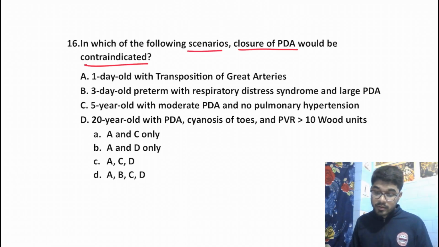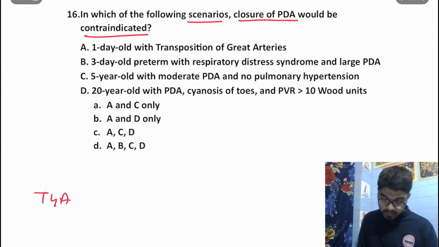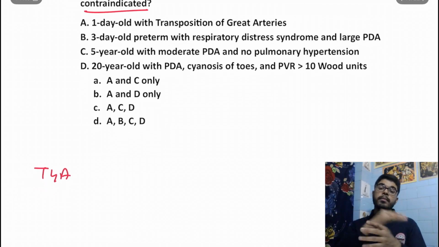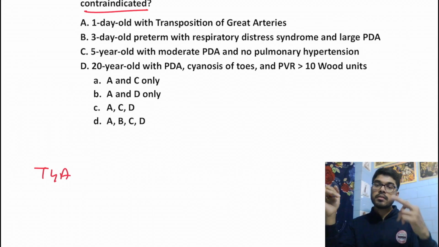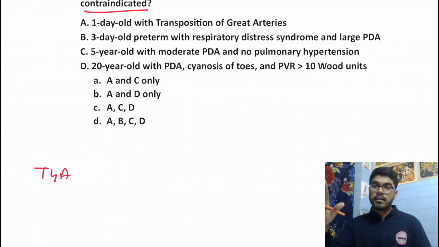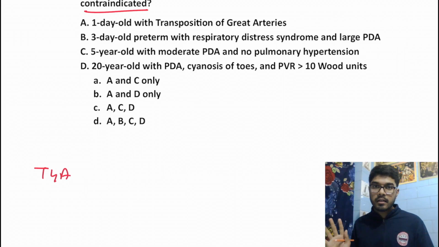Now, a 1-day-old with transposition of great vessels. What happens in transposition of great vessels? The aorta and the pulmonary artery are reversed. As a result, the oxygenated blood circles within the lungs, and the deoxygenated blood keeps on circulating in the body.